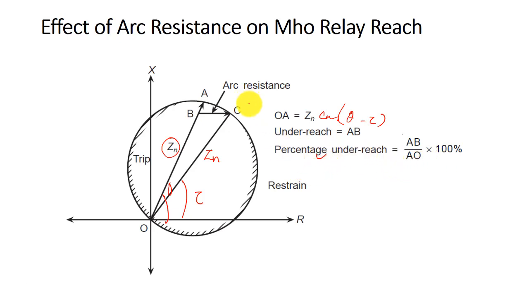In fact here, as compared to the impedance relay, the Moore relay has a little more underreach. Therefore, sometimes a combination of Moore relay and reactance relay provides good performance under this condition.